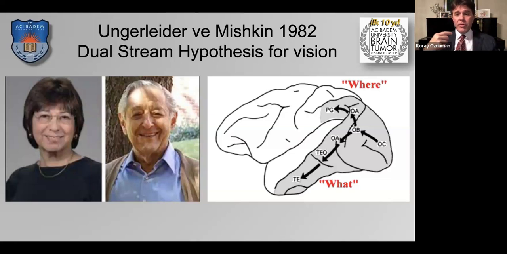Do I have to jump to the side of the street so I don't get run over? How far is the car from me? How quickly is it coming to me? So this gets you the information about where. So the Mishkin and Ungerleider theory, the dual stream theory, was saying to us that the vision was going into two different streams.